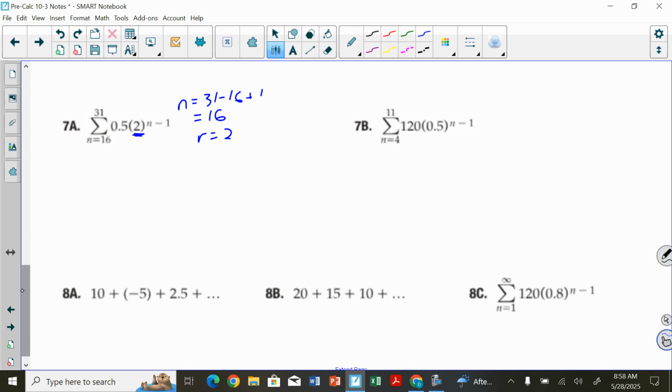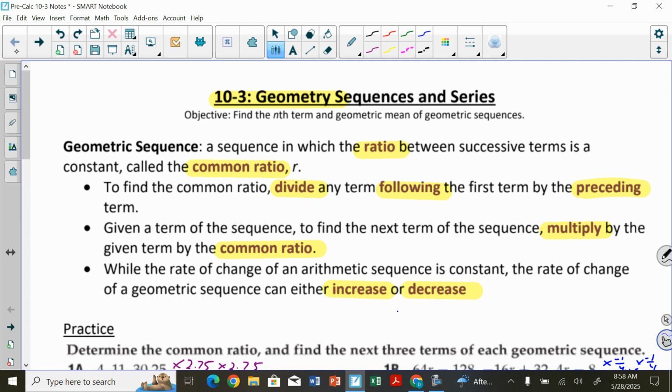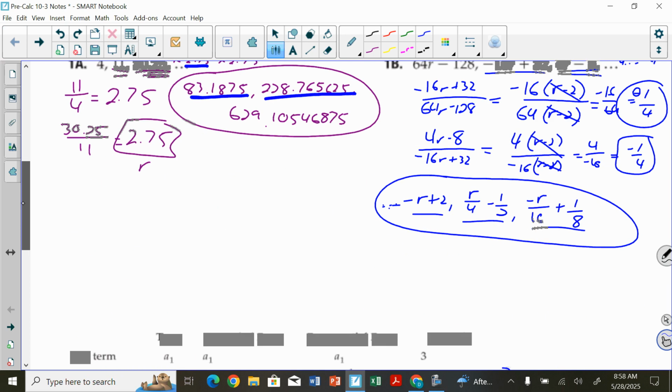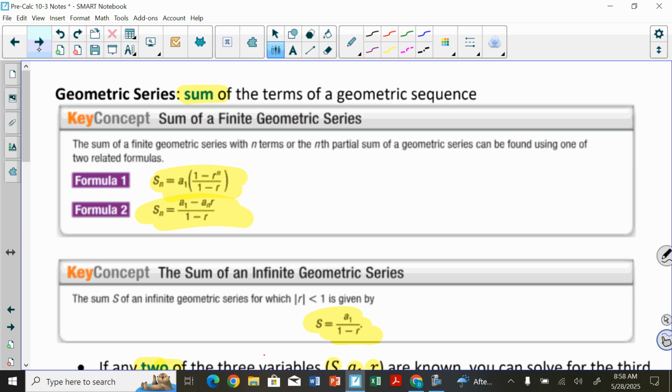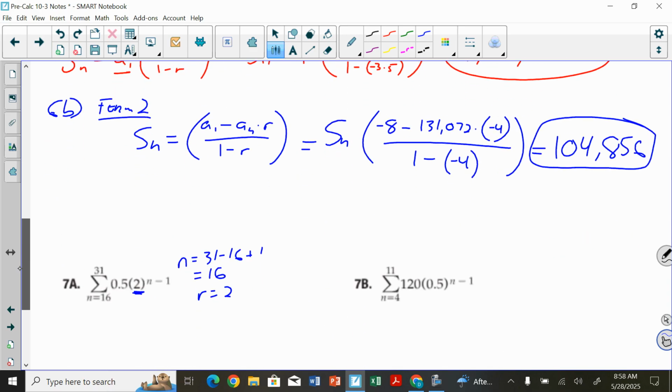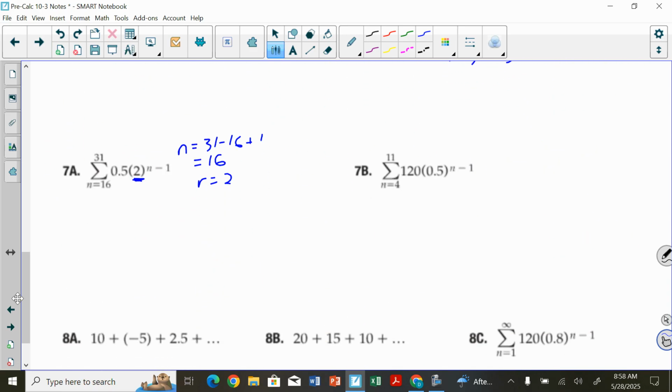When it's in sigma notation, R becomes pretty easy because remember, when we get the very first page here, what we're doing is multiplying by powers of R. So when we get it into this form, your R value is the base. So R is easy to find in this case. I know that my R is 2, and now I just have to do a little bit of work to find my a sub 1.